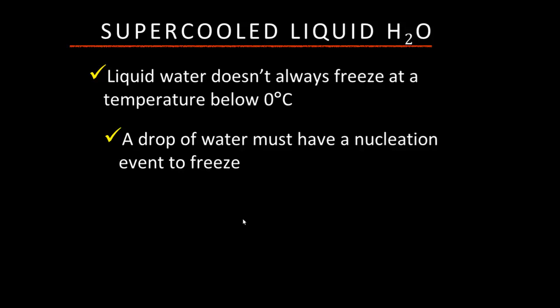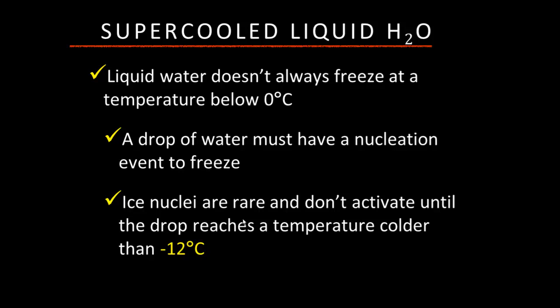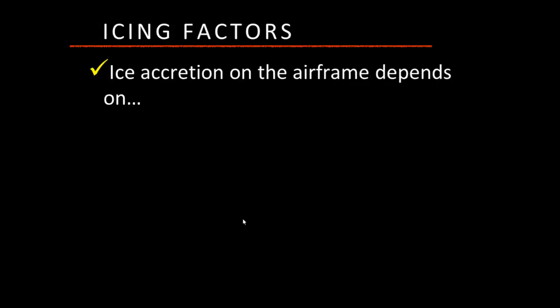You have to have some kind of dirt particle we call an ice nuclei, very microscopic, and those are kind of rare and don't activate until the temperature reaches about -12 Celsius or colder. Once we get to that temperature, then we can start to produce more ice crystals and not have supercooled liquid water present. So ice accretion depends on 3 different things.